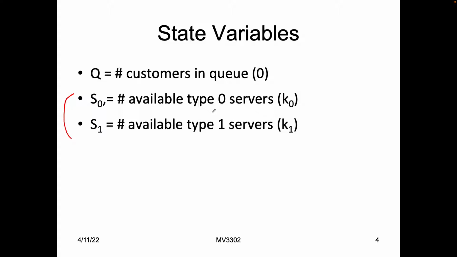And the reason for that is if we only had one state variable, which is just the number of available servers, and a customer shows up, and you need to say, okay, which type of server is it going to go to? Is it going to be processed by? And I only know that there are 3 available servers. I don't know what kind they are.